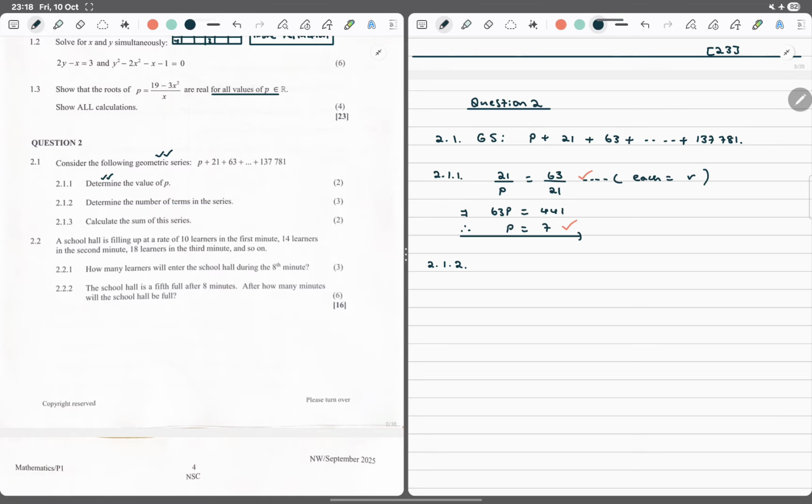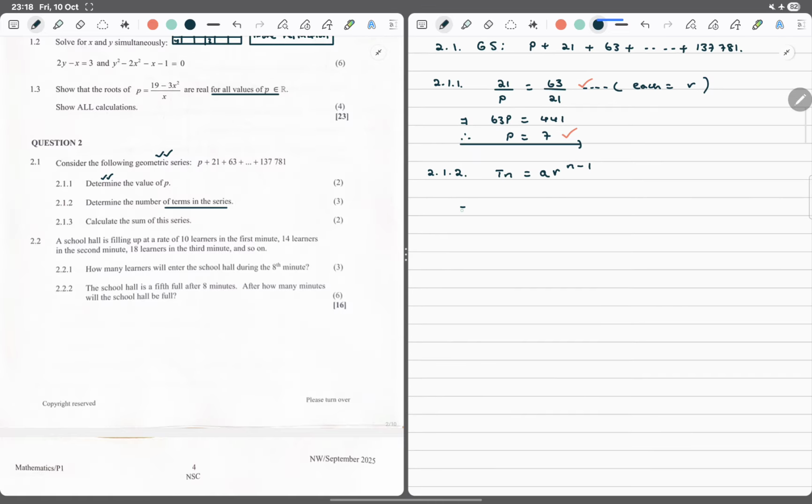2.1.2 says determine the number of terms in this series. We know that this is geometric, so we can say t sub n is a times r to the n minus 1. We substitute: 137,781 equals a is 7, r is 3, to the n minus 1.